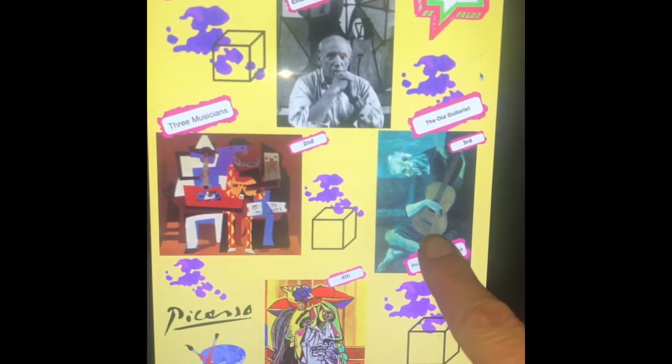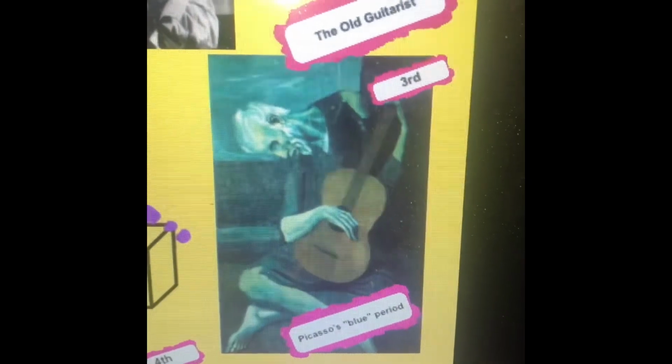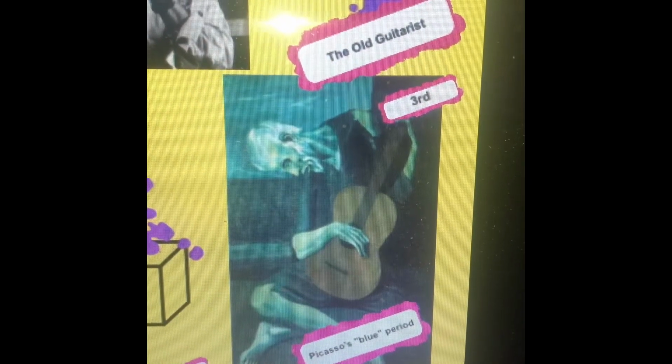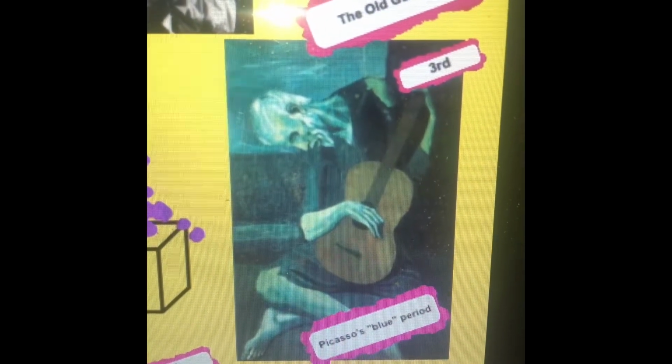And this painting here is called The Old Guitarist. It's kind of hard to see, but it's all in shades of blue. And this was a period of time when Pablo Picasso was feeling really sad. And in a lot of his paintings, he used the color blue.